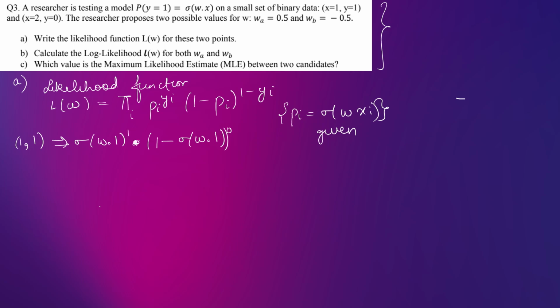W into 1, this is your pi, right? And 1 minus pi to the power of 1 minus 1, which is 0. Now for (2, 0), you'll have sigma of w into 2 raised to the power of 0, and then 1 minus sigma of w into 2 to the power of 1 minus 0, which is 1.